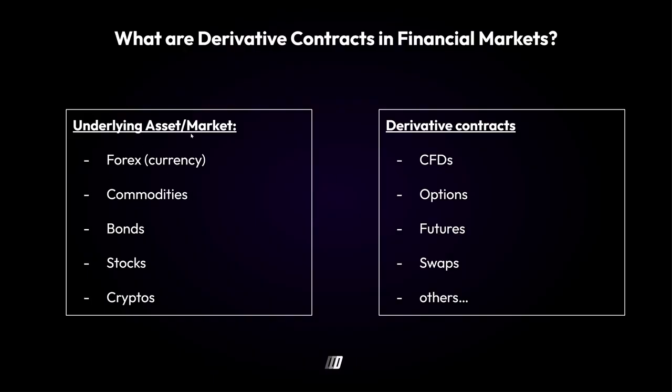So underlying assets or markets, asset classes and market types are, for example, currencies, the Forex market, or commodities, or bonds, the bond market, stock market, the cryptocurrency market. These are underlying assets, assets that lie under. So they are the base. Derivative contracts instead is what we actually trade.